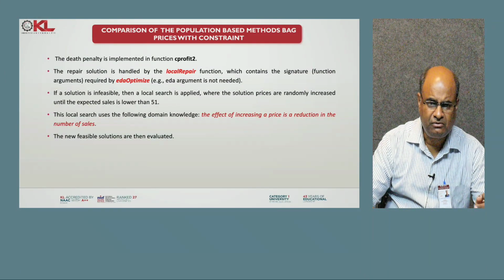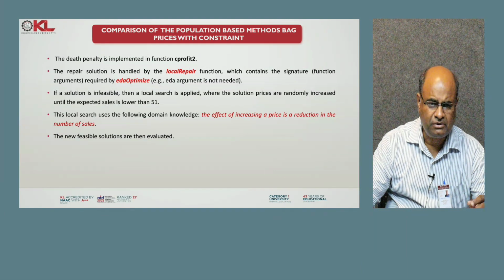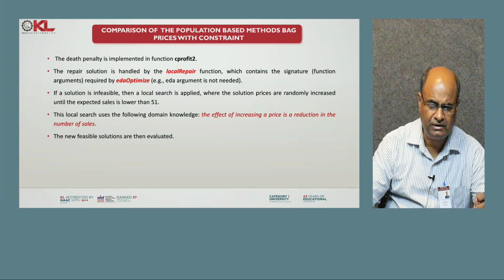The death penalty is implemented in the function cprofit2. The repair solution is handled by the local repair function, which contains the signature, the function arguments required by EDA optimize. The EDA argument is not needed here. If not required, arguments are not compulsory. Now, if a solution is infeasible, then a local search is applied, where the solution prices are randomly increased until the expected sales is lower than 51.